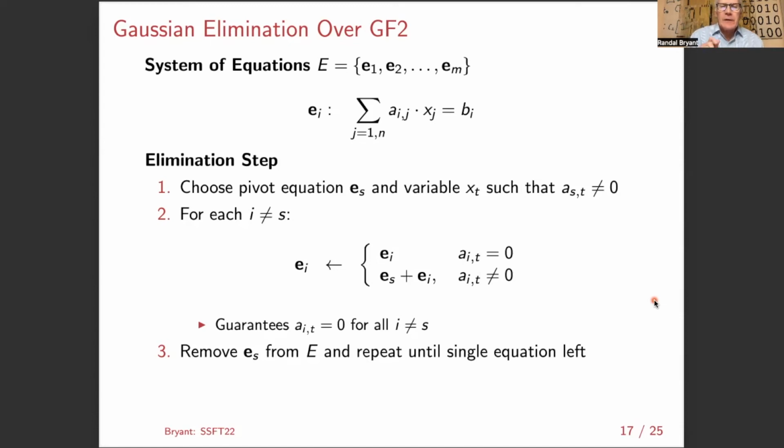Then I'll use that equation, E sub s, to eliminate the variable x sub t from all the other equations by just doing addition. And I'll keep doing this for variables until potentially there's one single equation left.